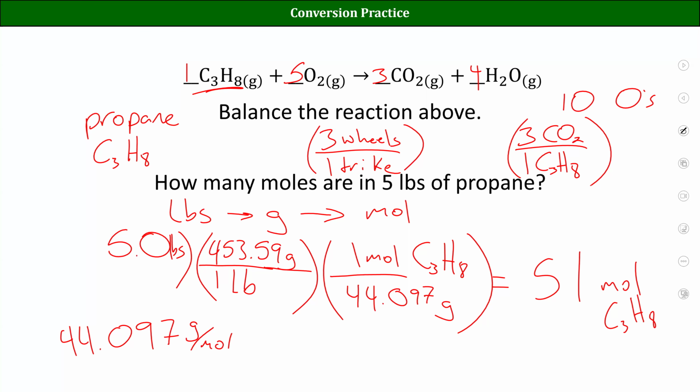So instead of 153 wheels in my pile of tricycle wheels, I can make 153 moles of CO2. If we balance it properly, all of these coefficients are conversion factors relative to each other. You can also say, every time I make 3 CO2s, I also make 4 waters. Or every time I take apart 1 propane, I use 5 oxygen molecules.